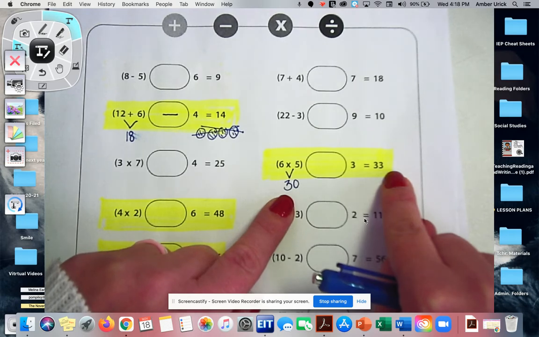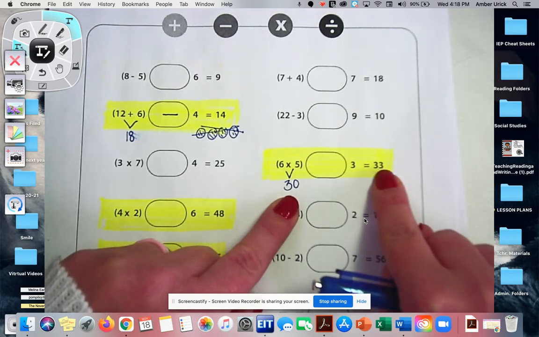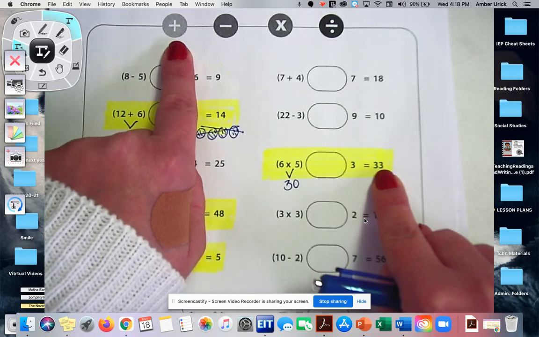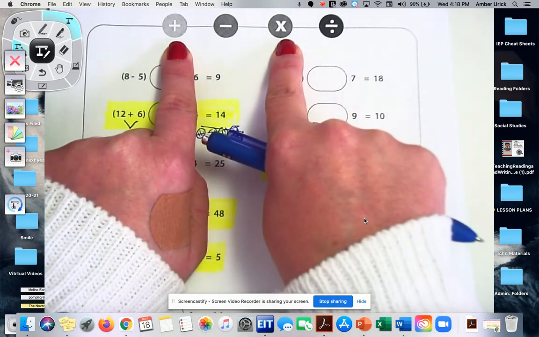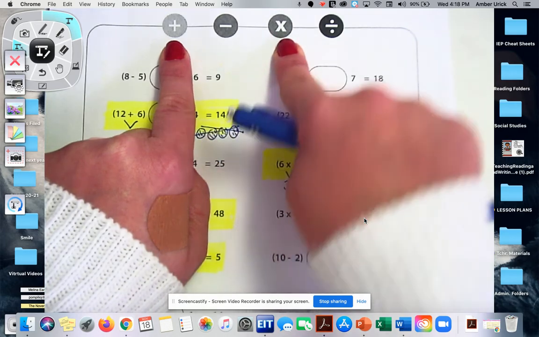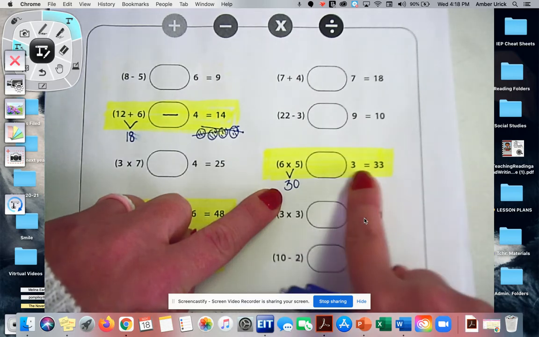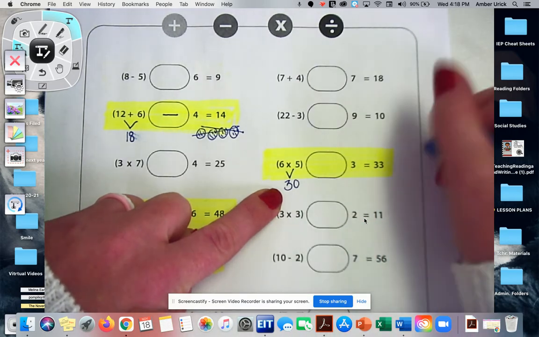Did my number get smaller or larger? 30 to 33. Let's compare it. It's getting larger, right? So I know I either have to add or multiply. I'm adding or multiplying. So do you think 30 times 3? That means 330. So let's try that.